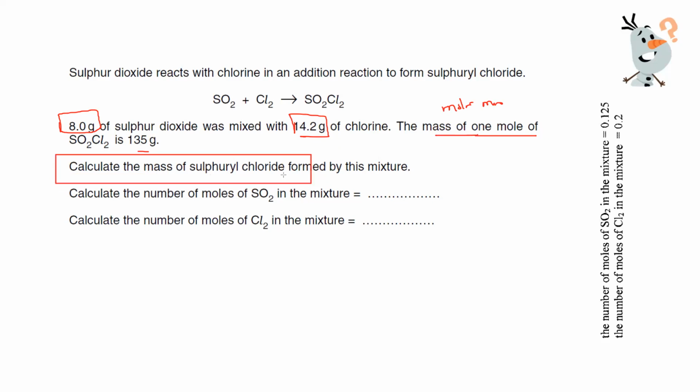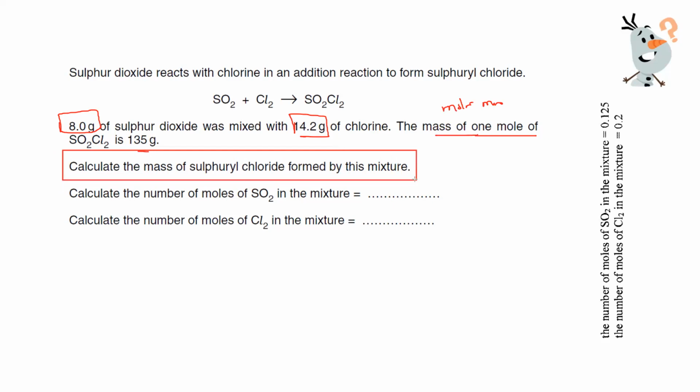But whenever you're solving the question, you have to follow the steps. So first one, they're asking to calculate the number of moles of sulfur dioxide in the mixture. They mention the mass of sulfur dioxide. So what is the mass of sulfur dioxide? As you read the question, you will find they mention 8 grams of sulfur dioxide.